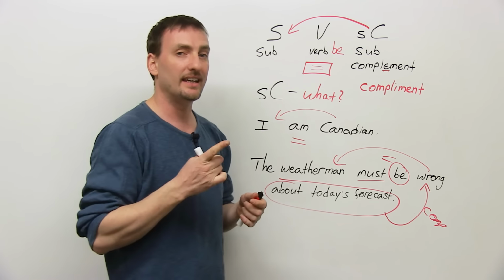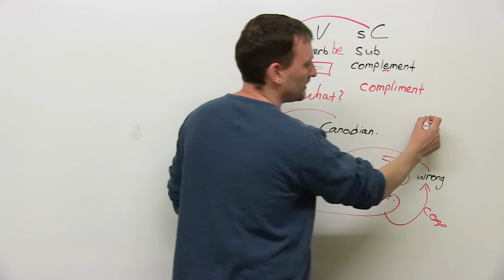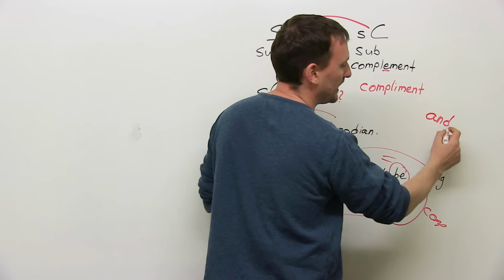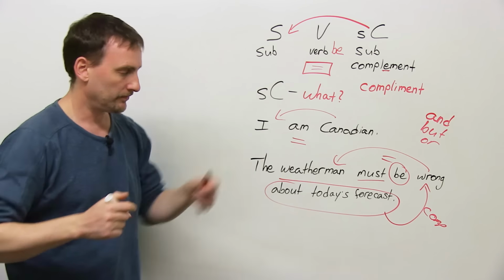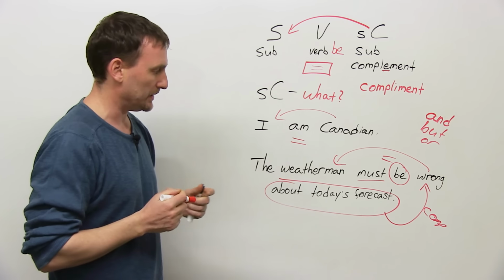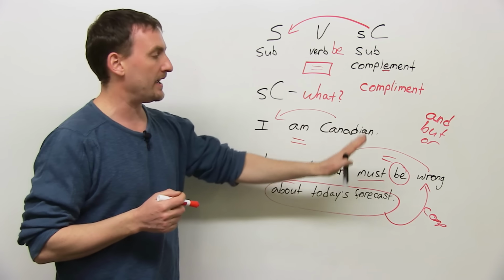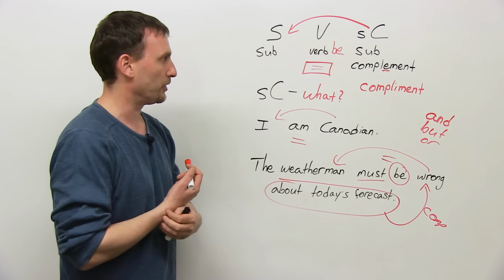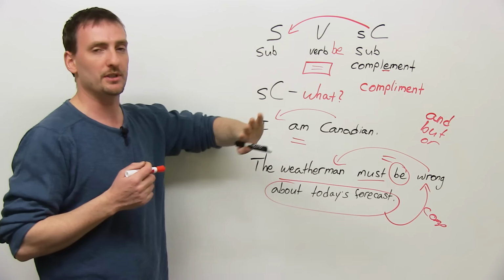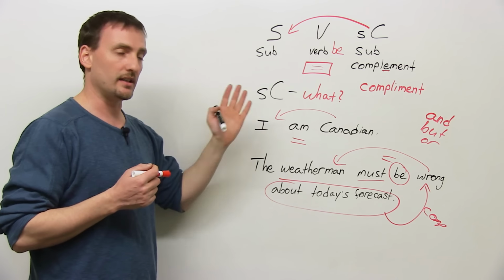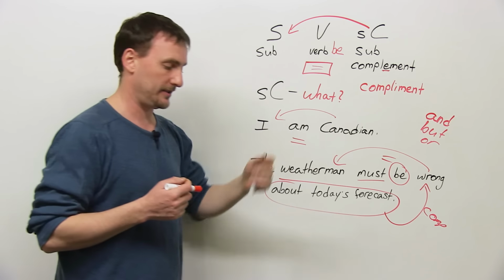You can only have one independent clause unless, of course, you have two independent clauses joined by a conjunction, and, but, or, etc. We'll talk about that in a little bit as well. So the weatherman must be wrong about today's forecast. So this is your subject, verb, subject complement.